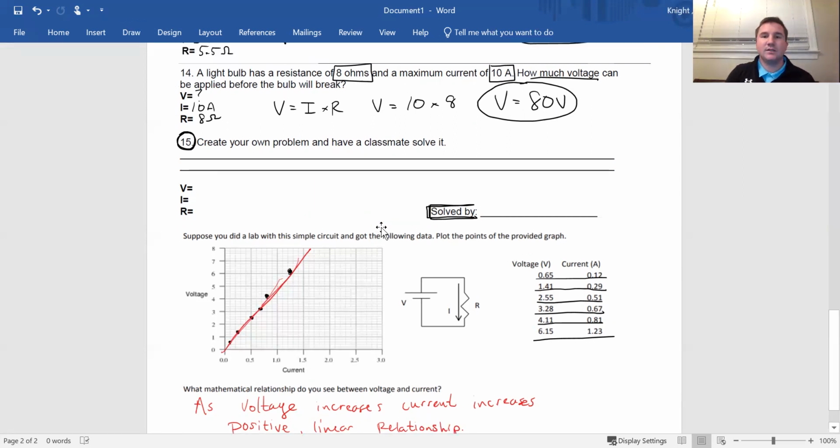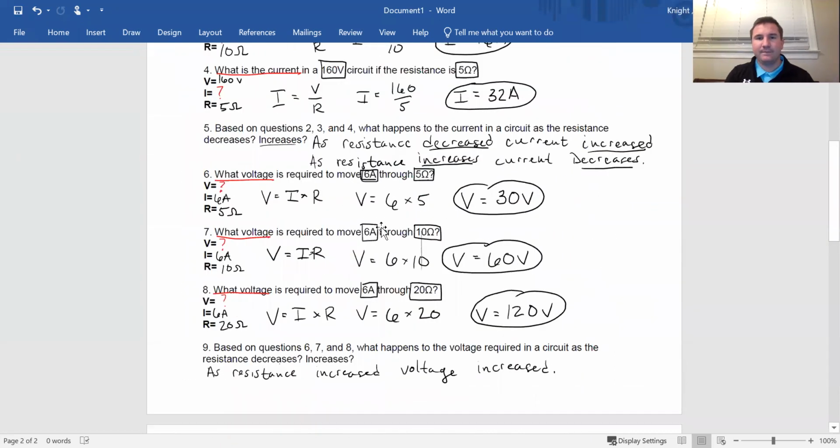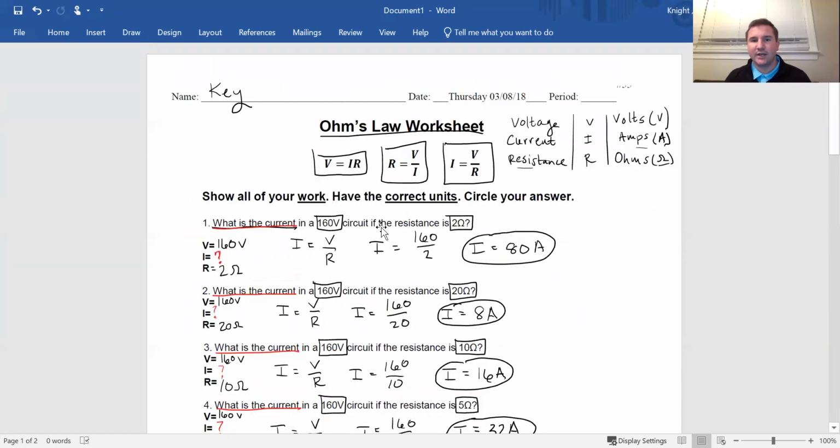All right, so there is the Ohm's Law worksheet. You can check out that video, finish that if you need to. I think I'm going to have one more solutions video on here in case you are able to finish both of those, right? Finish taking the notes and finish with all of these practice problems. I have another set of practice problems that you guys could be working on if you need to. So I will upload the video solutions for those if you need the video solutions for those.